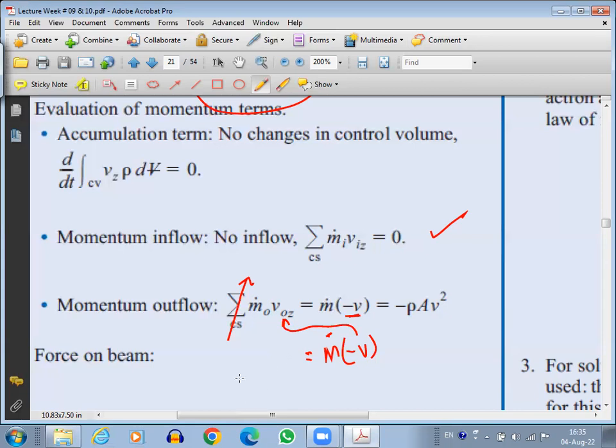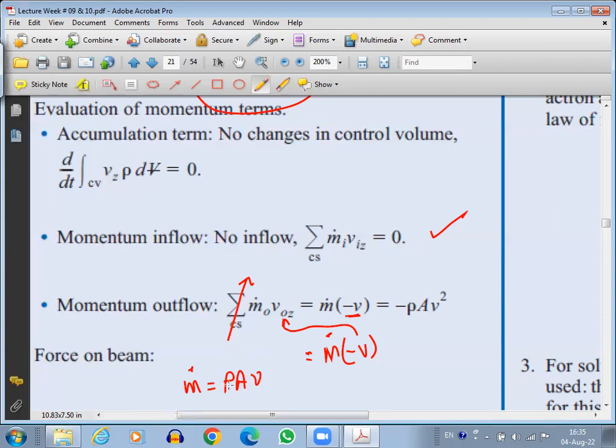Now, something that we studied in the last class, when we were discussing the rate of flow: the formula for the mass flow rate is m dot equals rho A v.